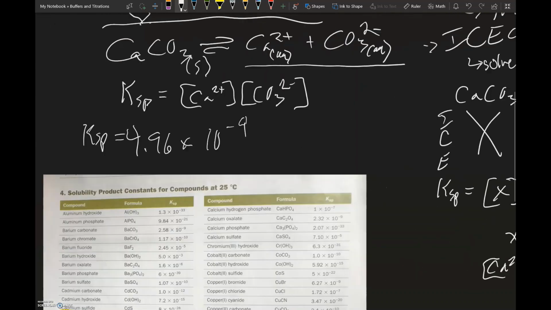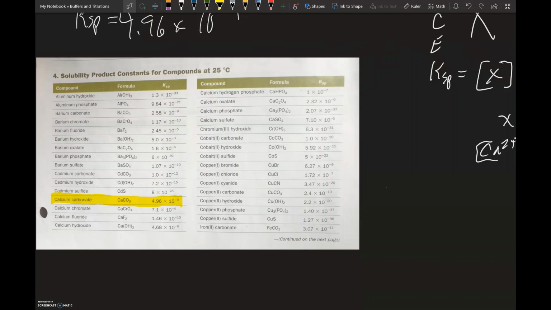As we look at this chart here, we can pick a few. If we look at calcium phosphate here, we see that the equilibrium constant for it is 2.07 times 10 to the minus 33, which reflects back to the fact that it's going to lie very far to the left-hand side.